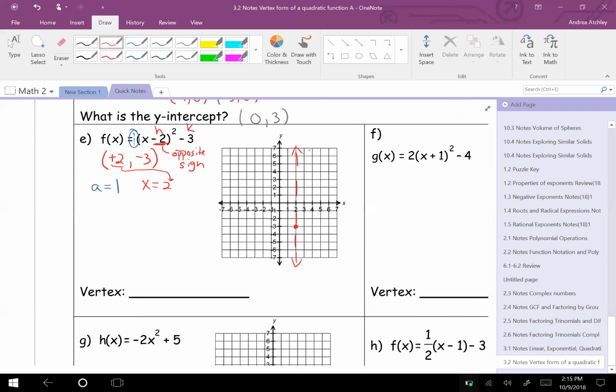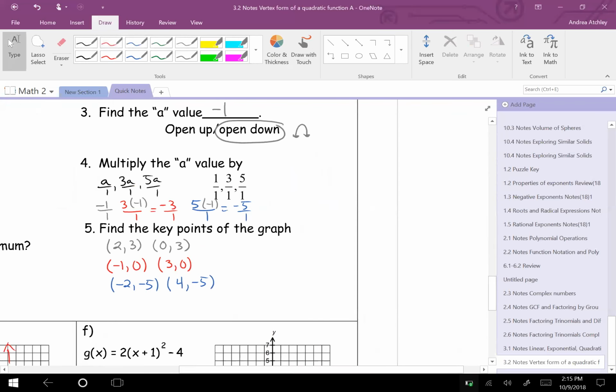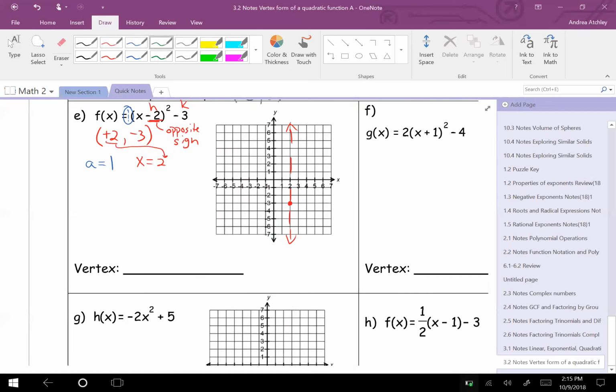Okay, then our pattern rate of change. Remember, your pattern rate of change is 1, 3, 5. That's the pattern. So it's going to be a over 1, then 3a over 1, then 5a over 1. Since a is 1, I just plug it in, 1 over 1.